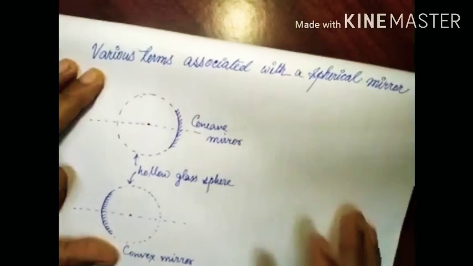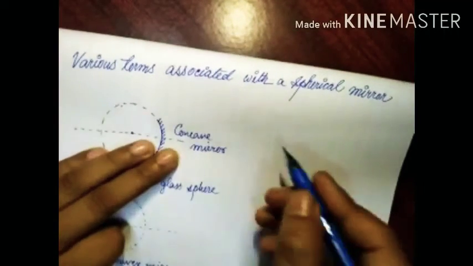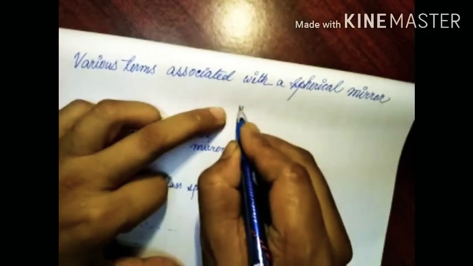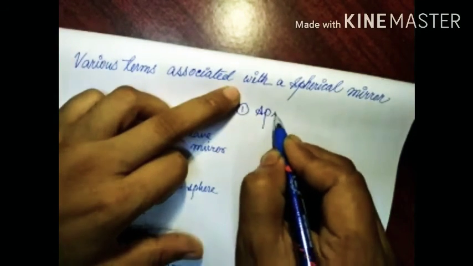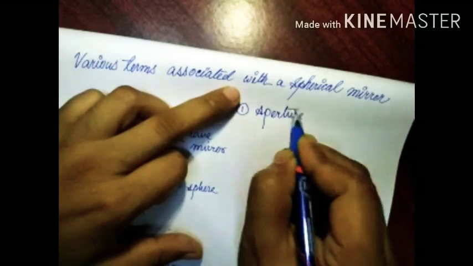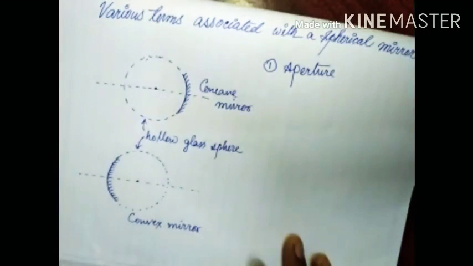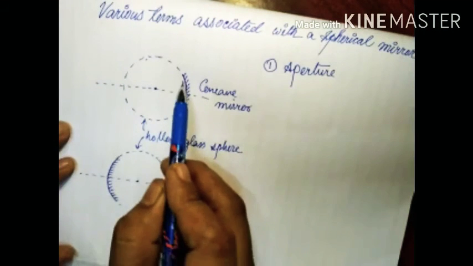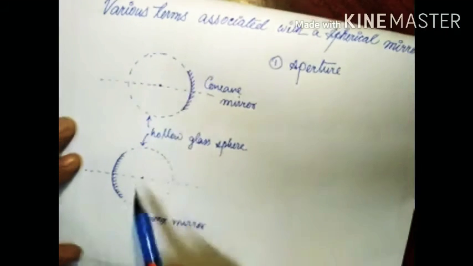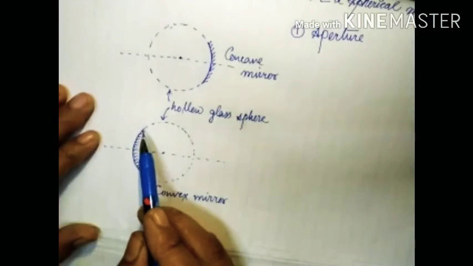Now the various terms are, first one, let us talk about aperture. So what is the aperture? Aperture is the effective width of the spherical mirror. So this is the spherical mirror, that is the concave mirror, and this one is the convex mirror.